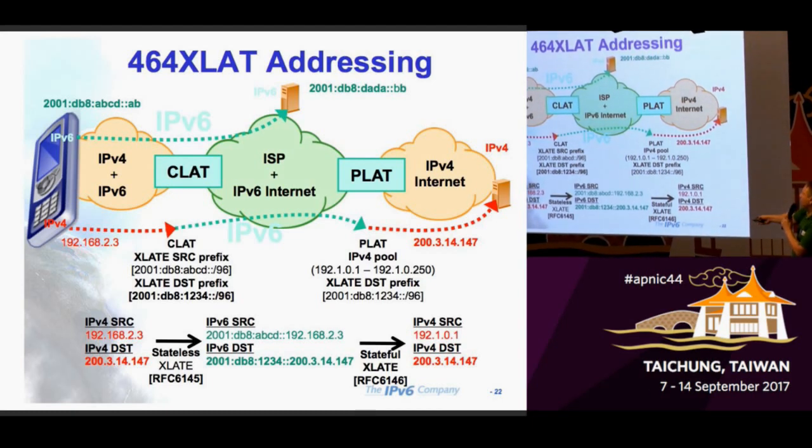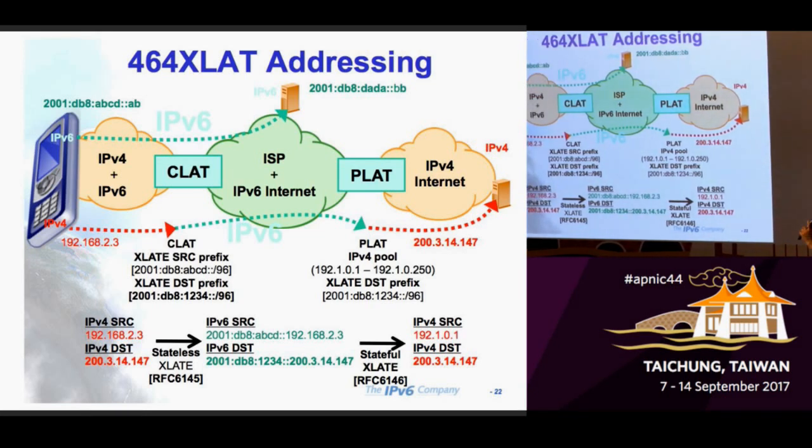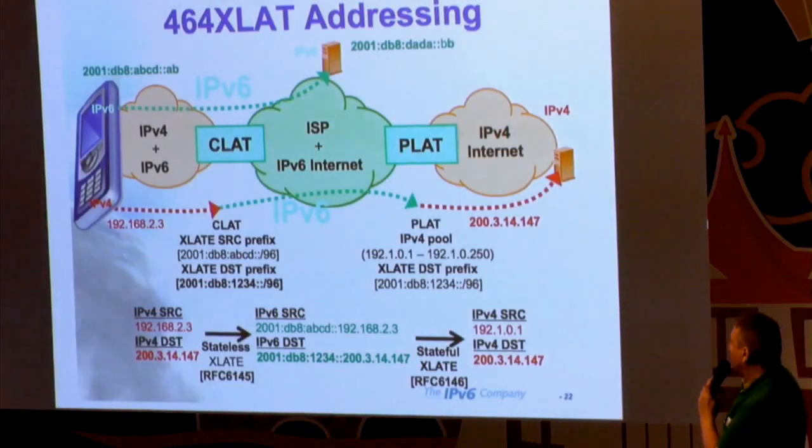I am using here a documentation prefix to make the example. So it's 2001:DB8:ABCD::/96, okay? The default size for that. Now, the destination prefix, we are going to use the same, but 1, 2, 3, 4.